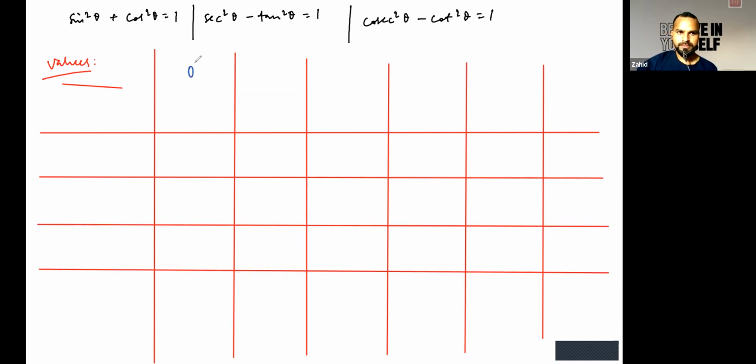First of all, for 0 degree, 30 degree, 45 degree, 60 degree, and 90 degree. Write numbers from 0. So it will be 0, 1, 2, 3 and 4. Divide each term by 4, and take the square root of all.